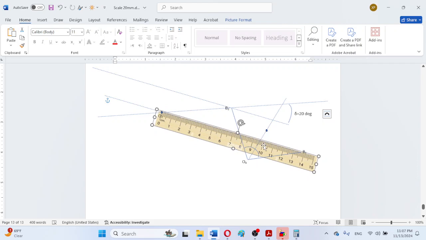O to B1, as we can observe, here is 14. O to B1 is actually 14.